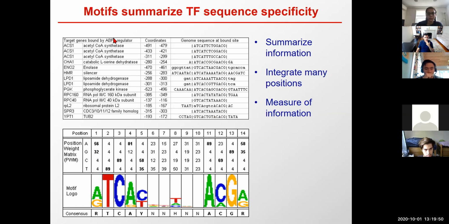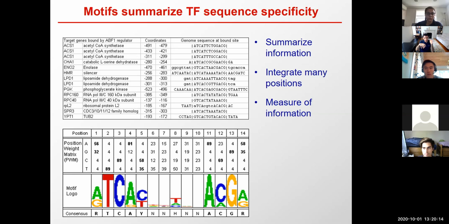Here I'm showing you the ABF1 regulator in yeast, and what are the experimental footprints that folks have made for that factor. So what are these experimental footprints? You basically have a region where this factor is bound. You protect the nucleotides that are bound by the transcription factor based on the binding of that factor.